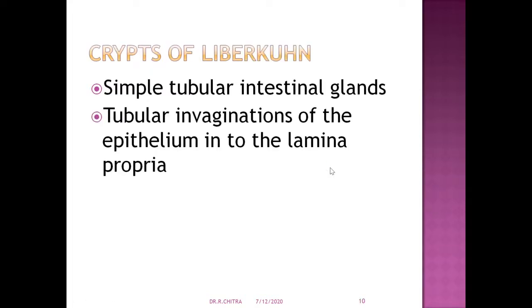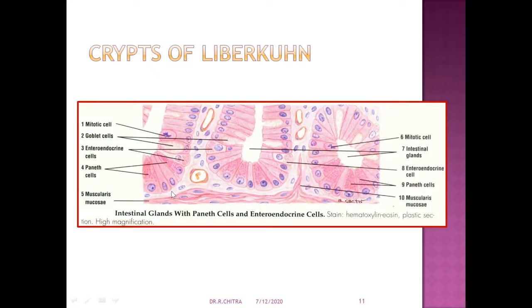What are the crypts of Lieberkühn? Crypts of Lieberkühn are simple tubular intestinal glands, so that they resemble the gastric glands, tubular invaginations of the epithelium into the lamina propria. So these are the crypts of Lieberkühn. These are the intestinal glands.